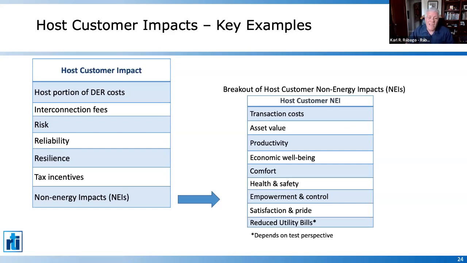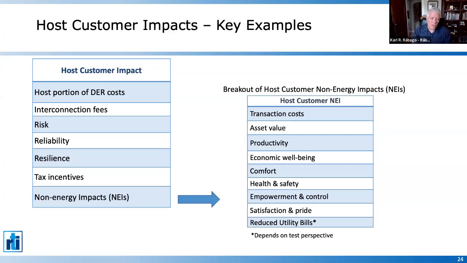Some customers just want to take control of their energy. Some customers just want to improve their productivity, for example, or the comfort in their home or office. These impacts try to get to those other factors that somebody who has this equipment or program running at their house thinks about. And this is one of those places where a different time value of money can show up.